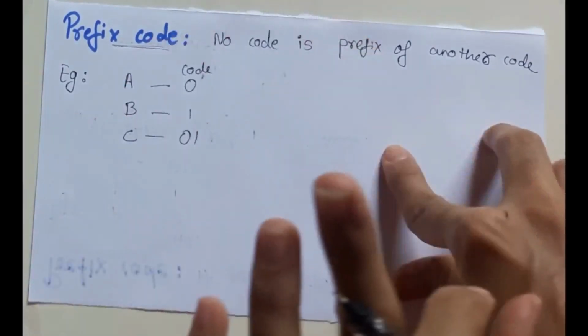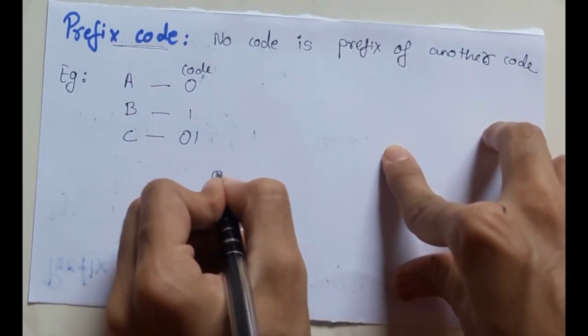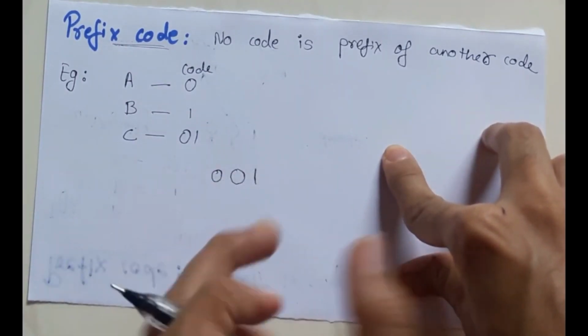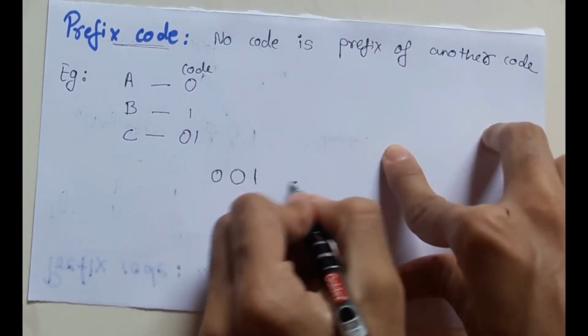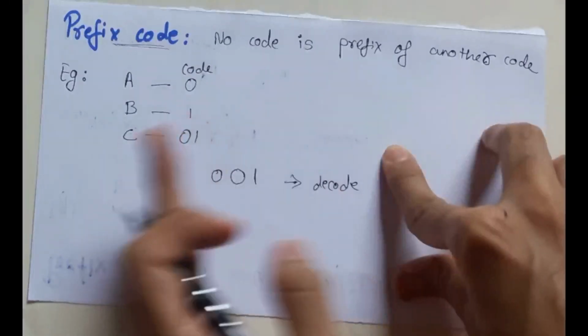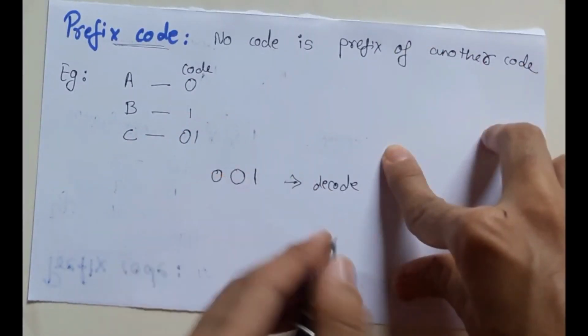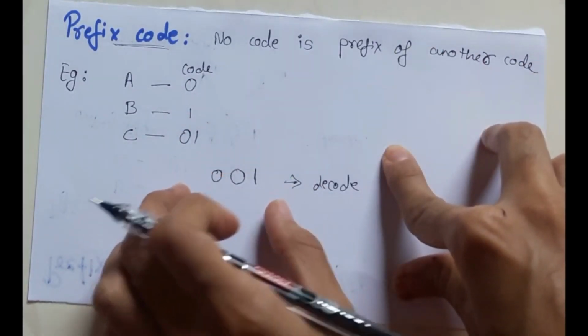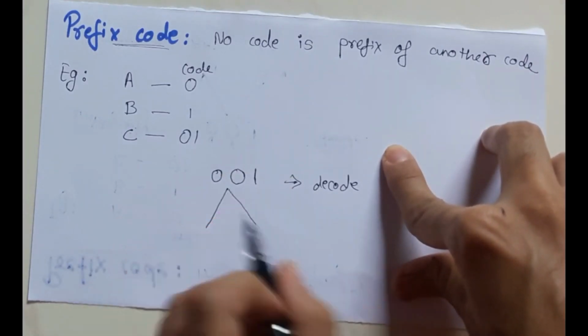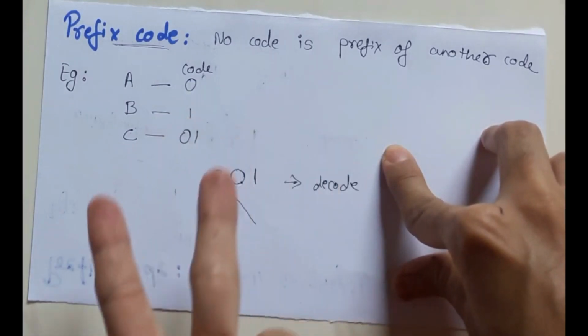Now one message is sent from sender to receiver, and that message is 001. It is encoded. And what will the receiver do? The receiver will decode this message. Now there will be ambiguity while decoding this message, because this single message can be decoded in two ways.